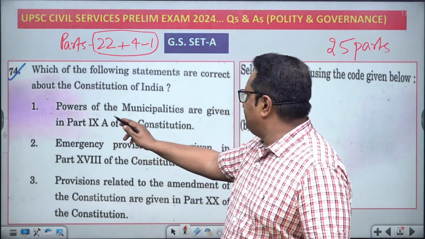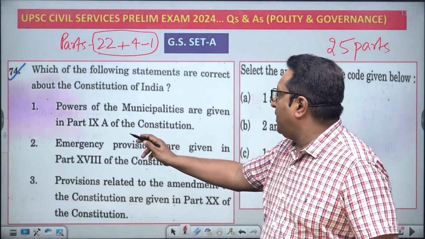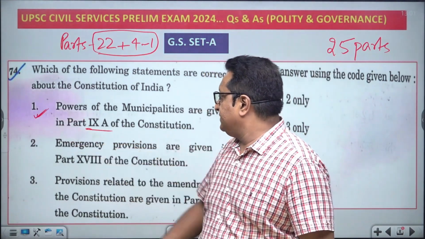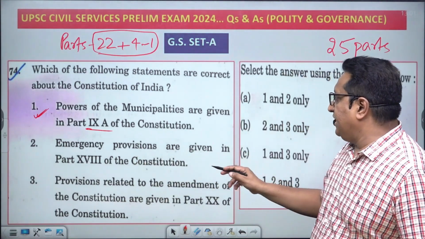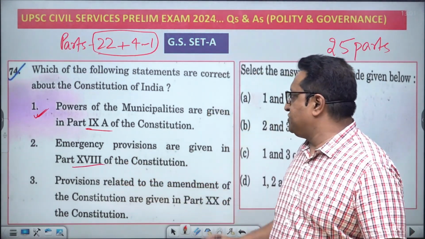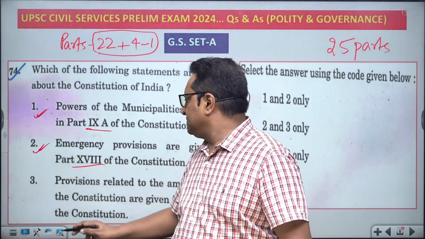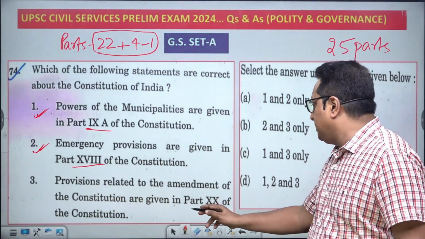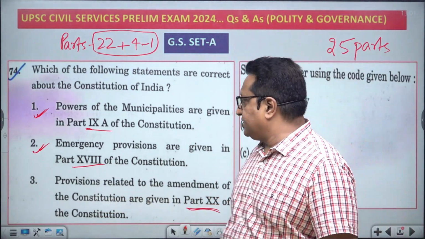The first statement says powers of the municipalities are given in Part 9A of the Constitution. Yes, that's correct. Emergency provisions are given in Part 18 of the Constitution. That's also correct. Provisions related to the amendment of the Constitution are given in Part 20. Yes, that's also correct.